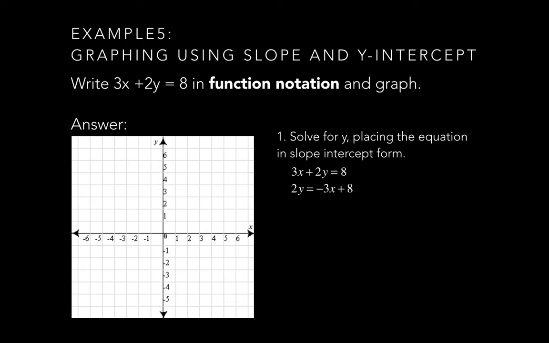We're trying to isolate the y. Because it's 2 times y, you'd have to do the opposite operation, so it would be divided by 2 instead of multiplying. And 2 can't divide into -3, so that remains a fraction. 2 divides into 8, and it gives us 4.